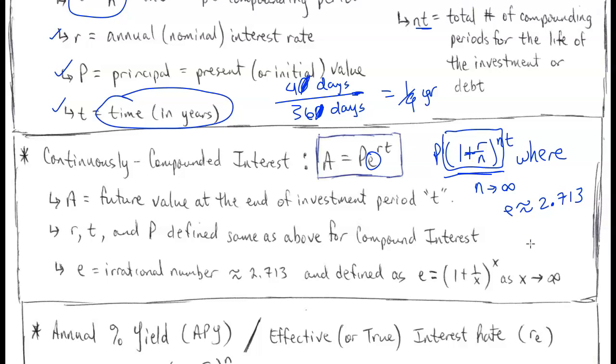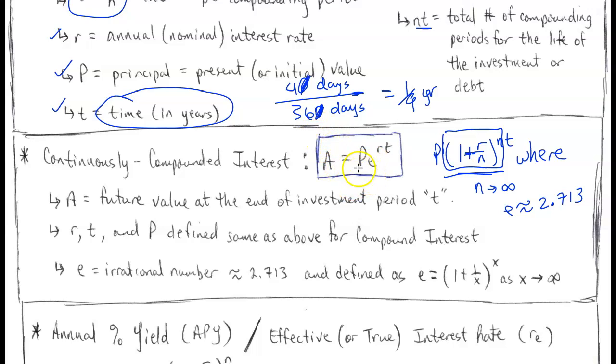And so we know that in most models where we're trying to model something that grows or decays exponentially, that e appears in these models a lot. Okay, so we nickname this continuously compounded interest formula the PERT formula because of P-E-R-T, and that's just a way for us to remember it.